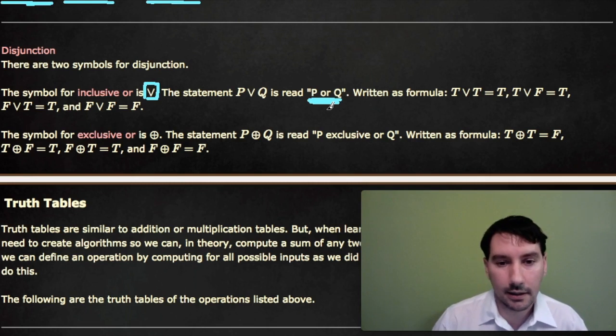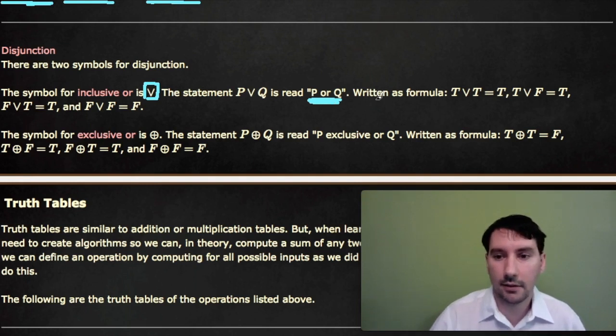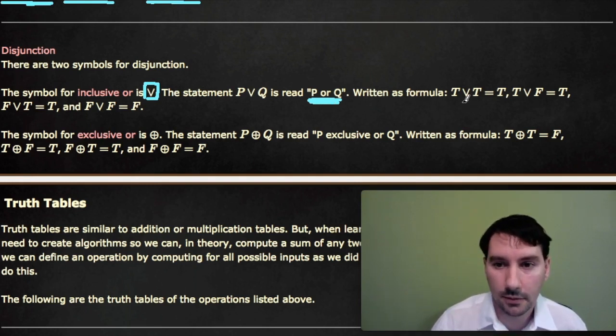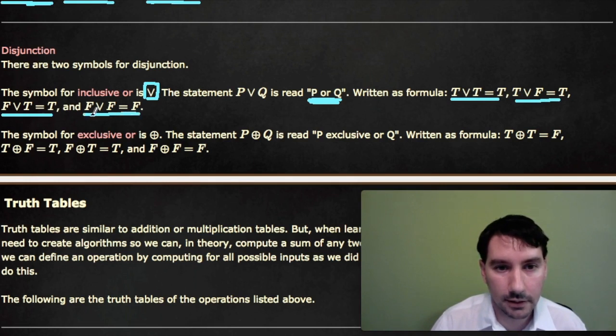And if we want to use an exclusive or, we'll somehow make it apparent that we mean exclusive or. So for an inclusive or, it means one or the other, or both. And in that case, all we need is something to be true for the statement to be true. So true or true is true. True or false is true. False or true is true. But if both statements are false, false or false, we get false.